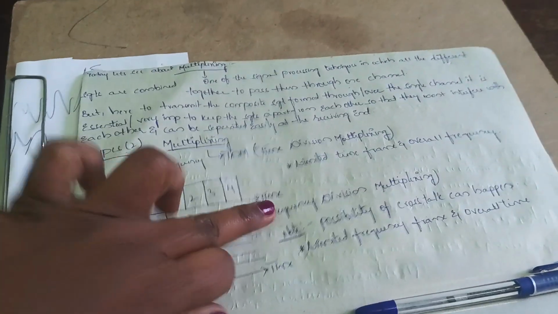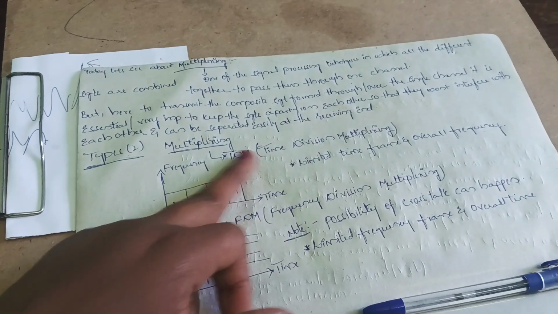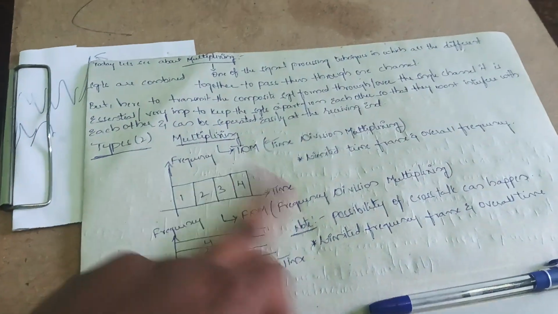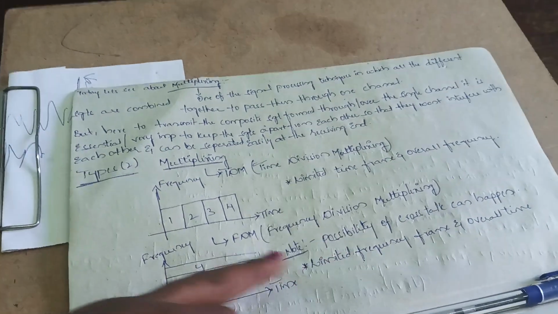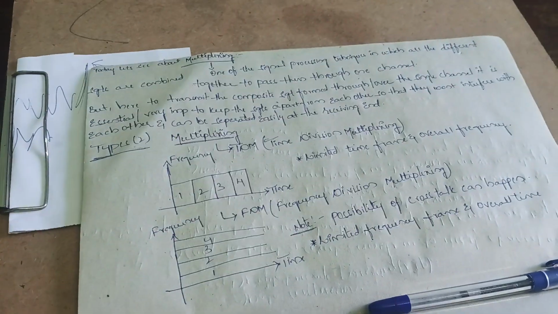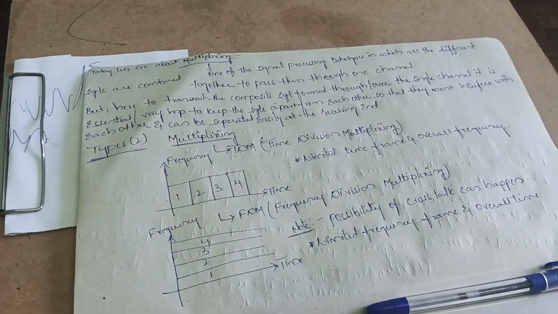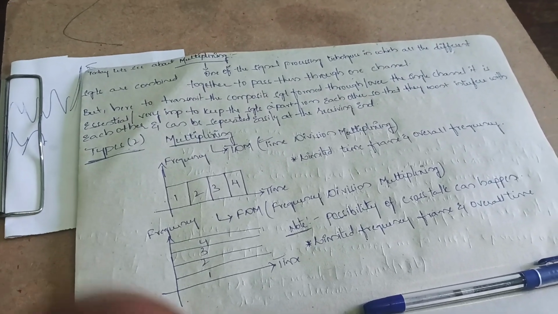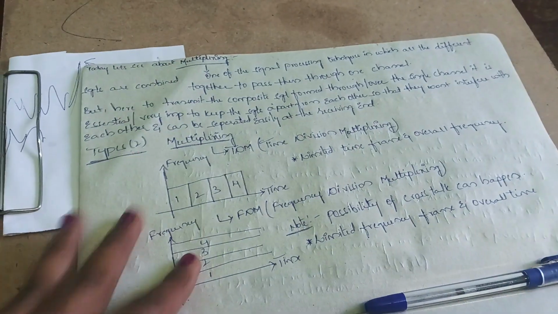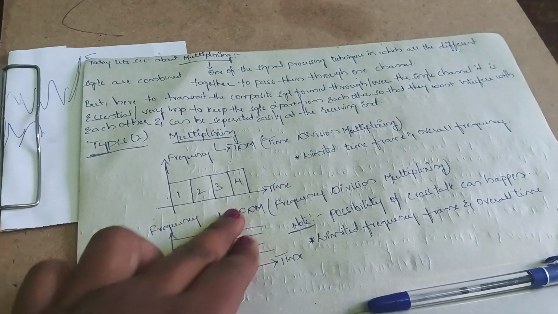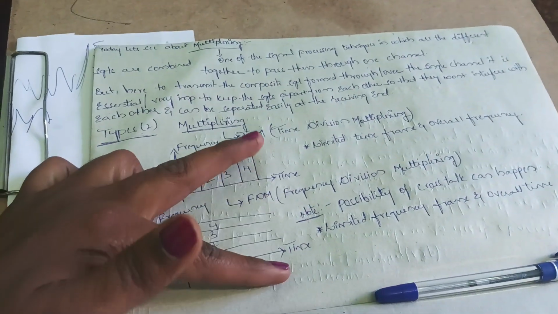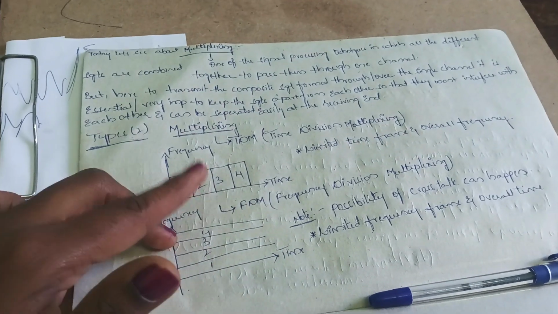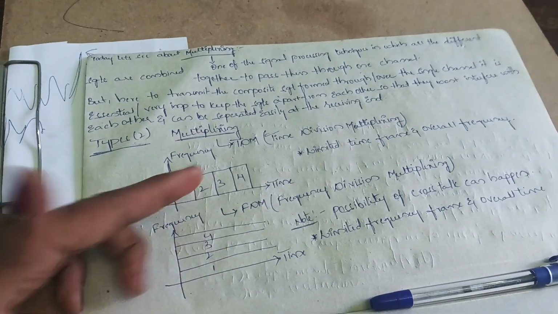Time division multiplexing is known as TDM and frequency division multiplexing is known as FDM. So I will give you the idea by taking four users: user 1, user 2, user 3 and user 4. I am comparing it with the same example in both TDM and FDM.